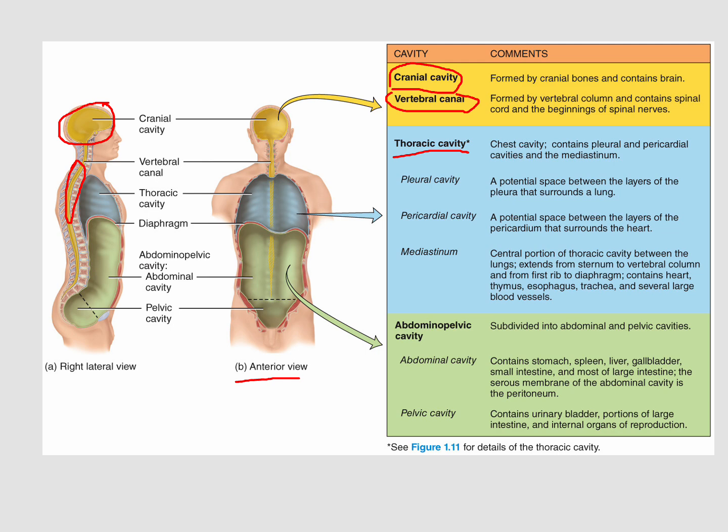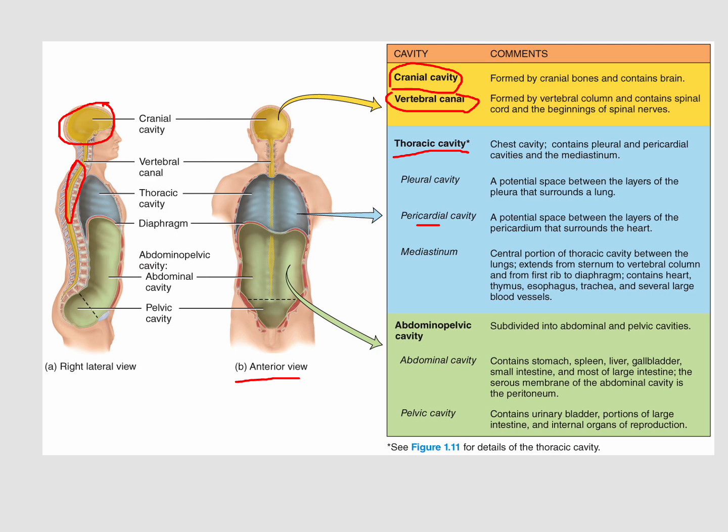Pleural cavity is the space between the layers of the pleura and that surrounds the lungs, and the pericardial cavity is the space between the layers of the pericardium that surrounds the heart. So when you hear the word cardia, think of cardiology or the study of the heart, so cardiac.